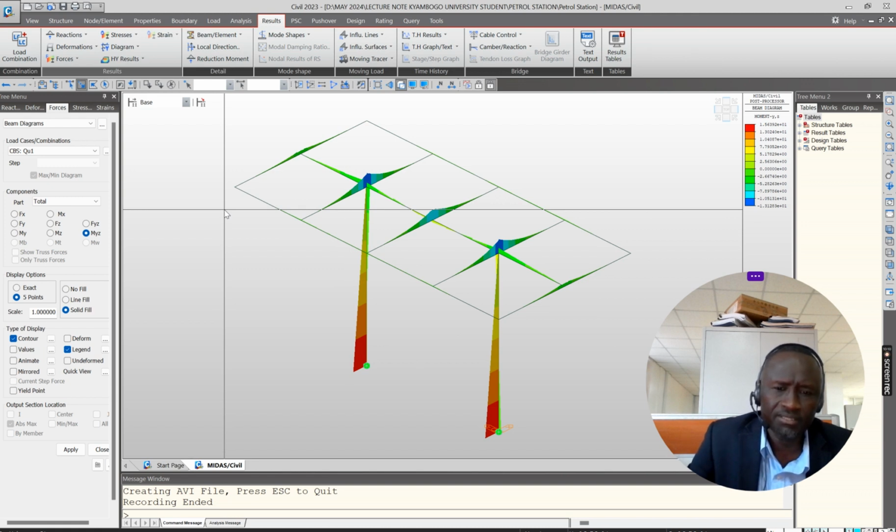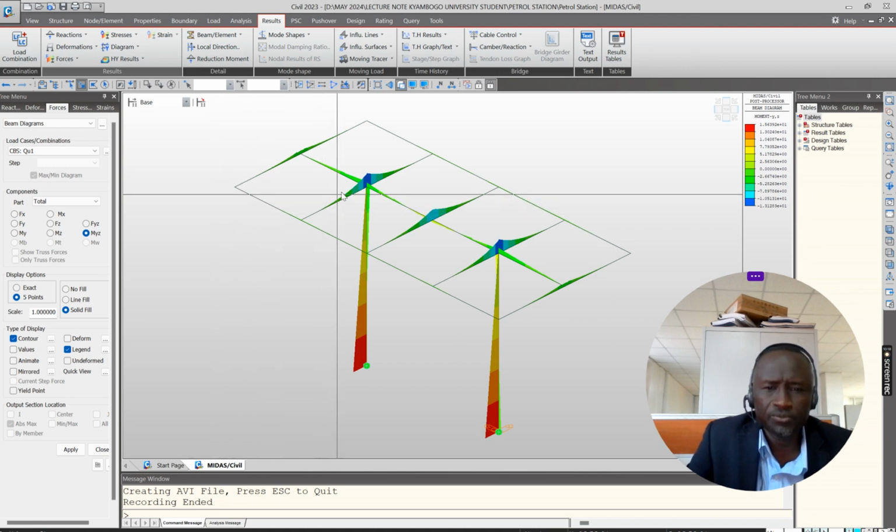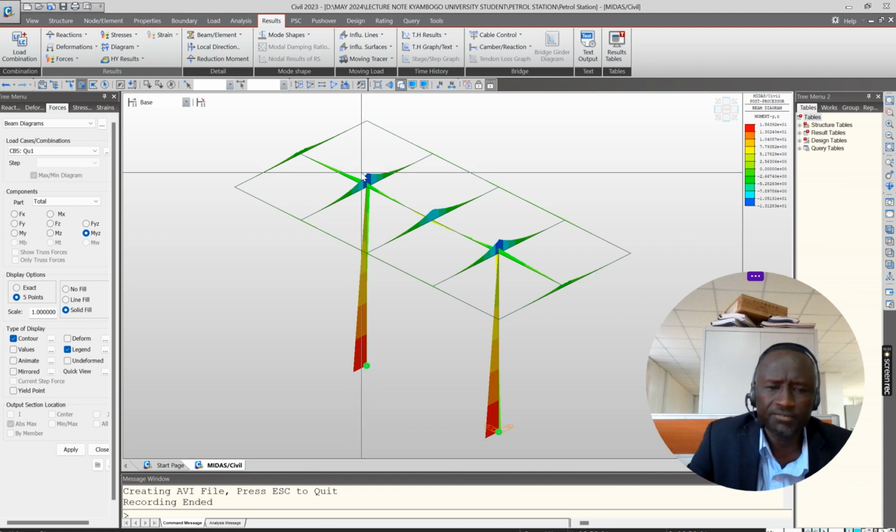So all the requirements are there in the codes of practice, or some software does help, like Robot Structural or IDEA StatiCa, which can help you with modeling and designing this connection. So please let us pay attention when you get exposed to this kind of design. Take some time and avoid premature collapse of your structure.